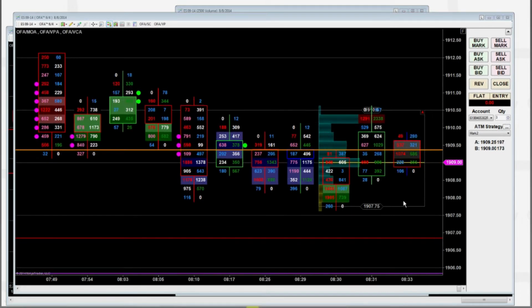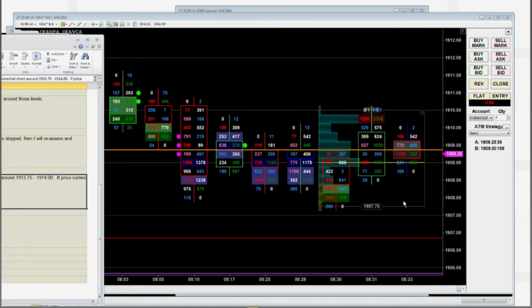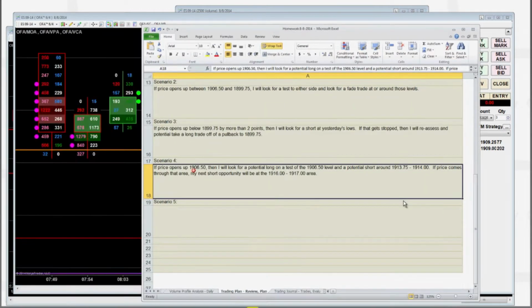So my trade scenario in my plan was: if price opens above 1906, and that should have been 1906.75, I'll look for a potential long on a test down to 1906.75, and then a potential short around that level.